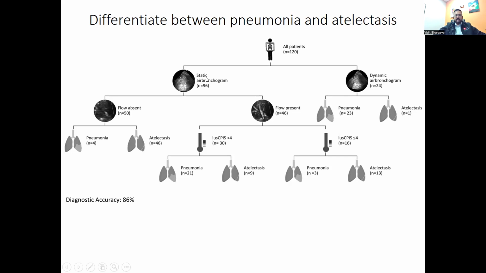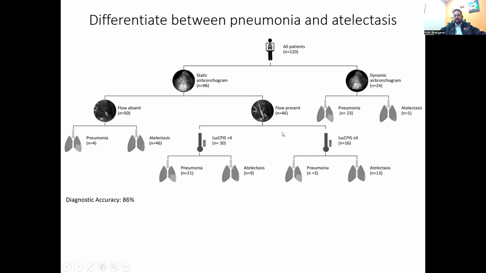When patients had static air bronchograms, they did an additional thing where they used vascular Doppler to see if flow was present or absent. When flow was absent in those cases, most of those patients were diagnosed as having atelectasis with an overall diagnostic accuracy of 86%.